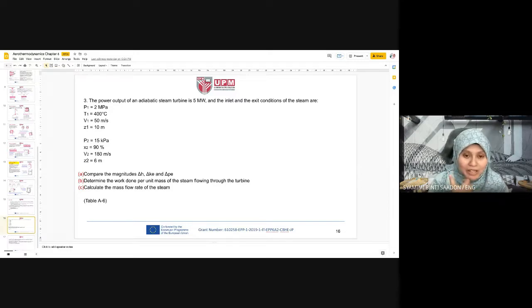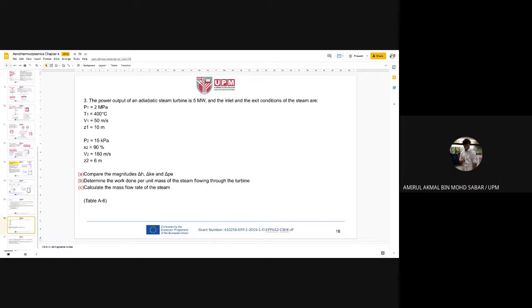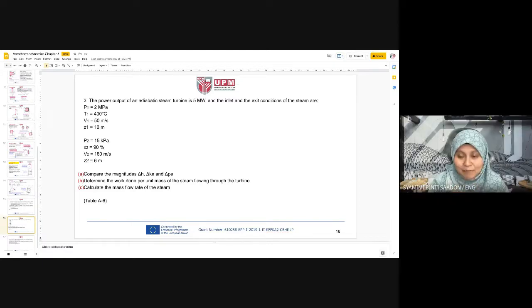Okay, Amirul Akmal. In a turbine, usually what process occurs in a turbine? What usually happens, what process? Okay, example.